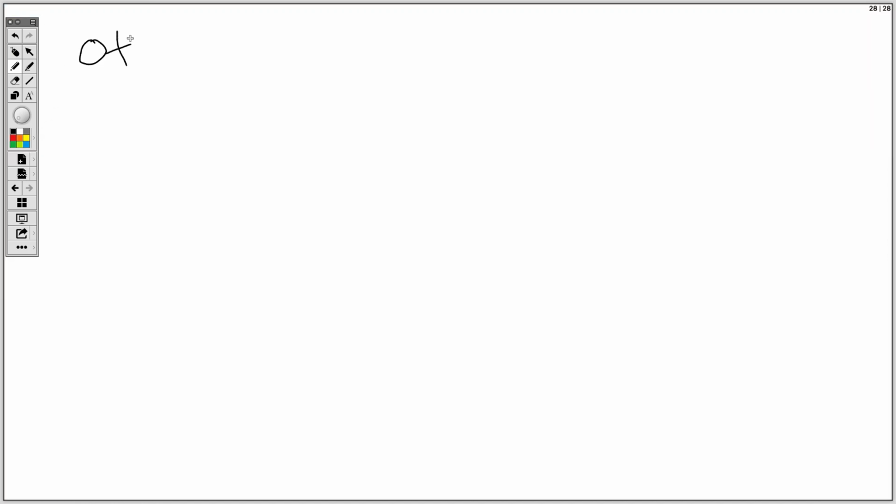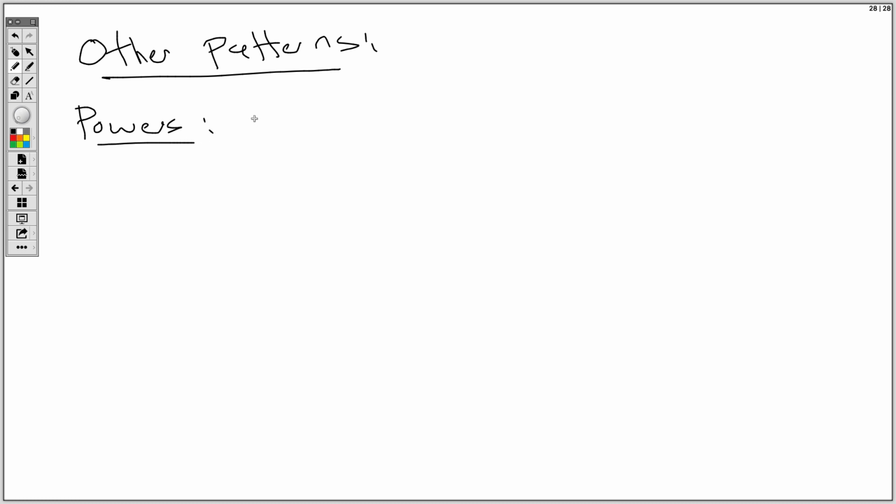So other patterns that you should be on the lookout for here: perfect powers, like n squared, n cubed, etc. Perfect squares would be 1, 4, 9, 16, etc. That's a common thing that'll show up in these sequences.